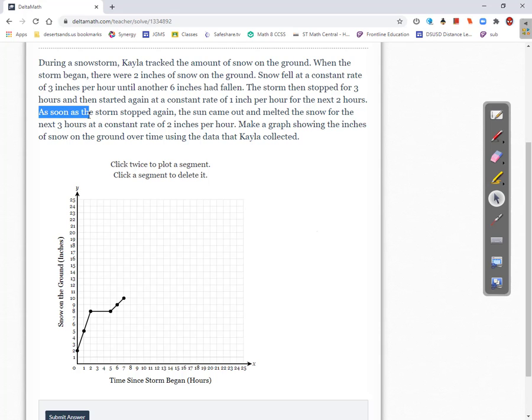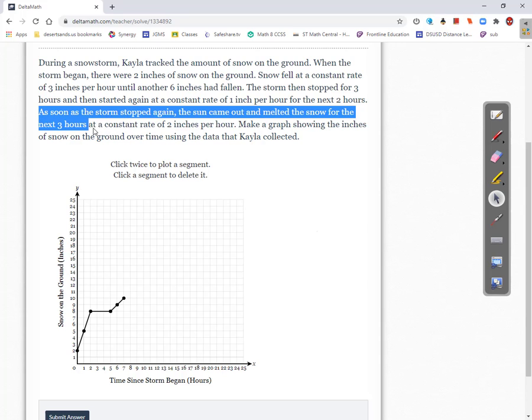As soon as the storm stopped again, the sun came out and melted snow for 3 hours at a constant rate of 2 inches per hour. Okay, so the storm stops right here, and it's giving us a hint. It's saying that the sun is melting the snow.